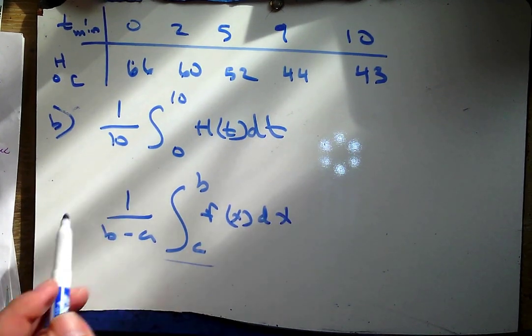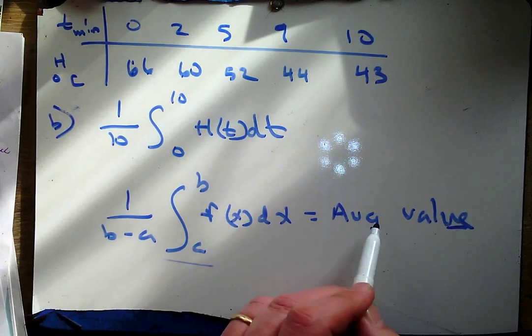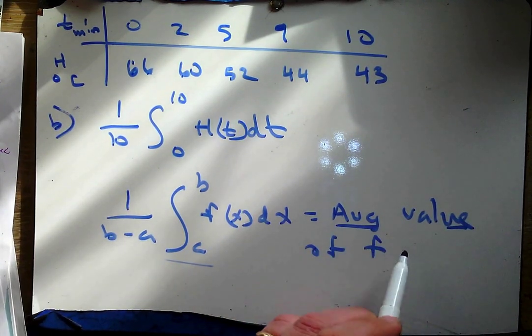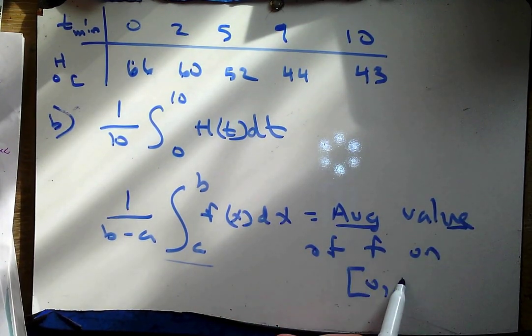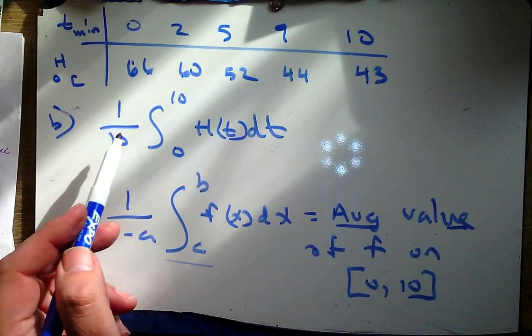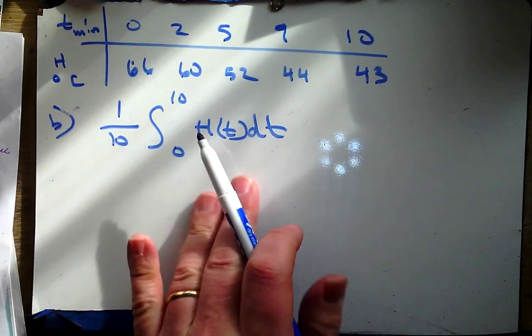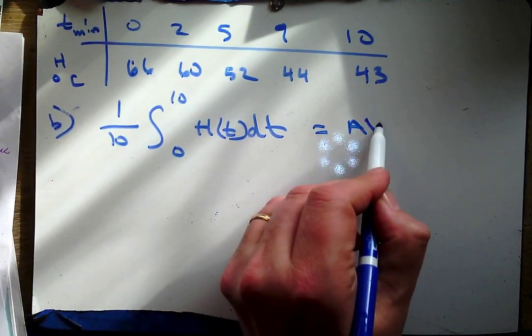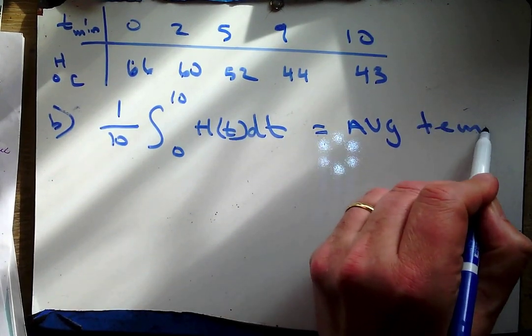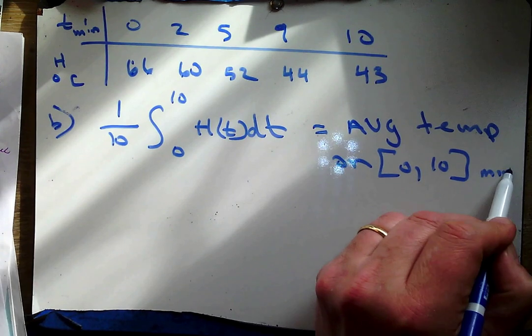Do you remember what that is? That's the average value of f on 0 to 10. So I want the average temperature across that 10-minute interval. That's what this is finding. This is finding average temperature on 0 to 10 minutes.